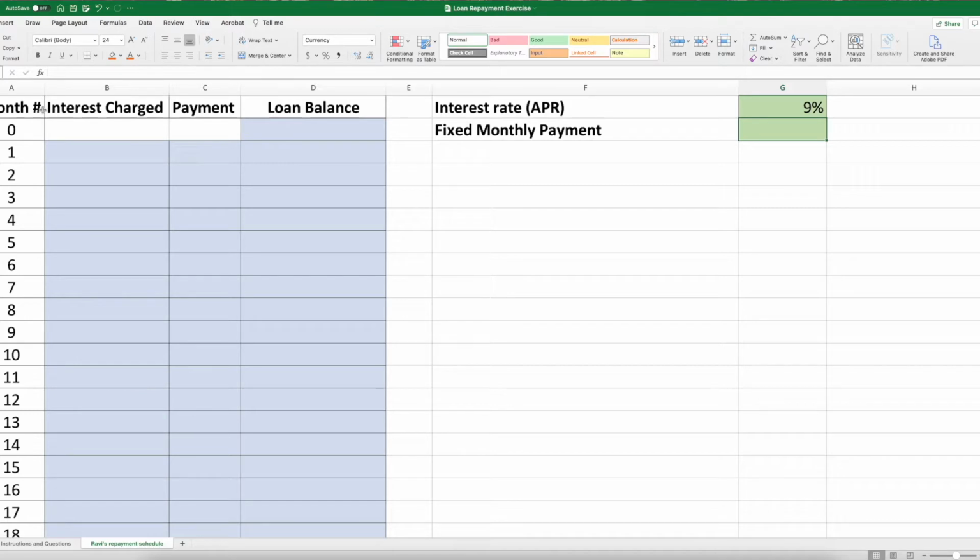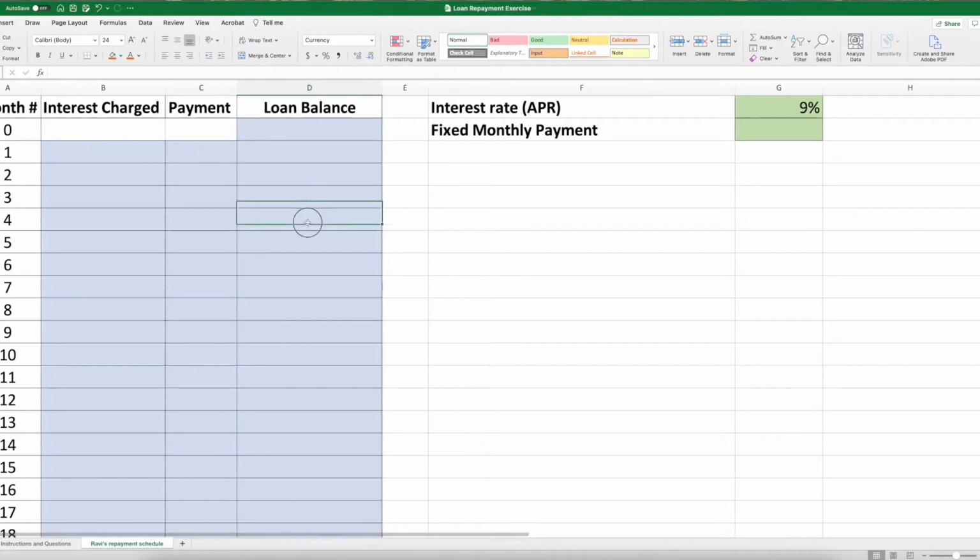It seems the table contains a column for the month numbers: month 0, 1, 2, 3, 4, etc. The interest charge in that month, the payment made by Ravi in that month. In the first scenario, we are told that it's going to be $350 every month. Okay, so we'll fill these cells up with $350, and then the loan balance each month.